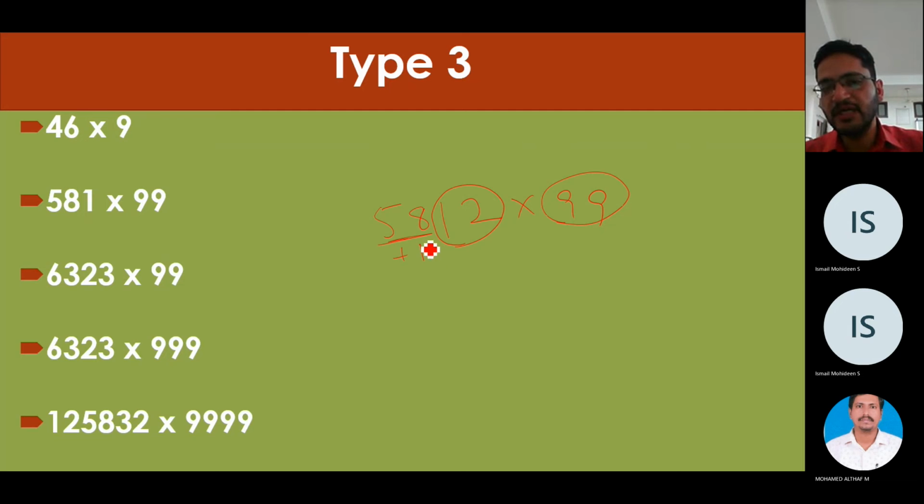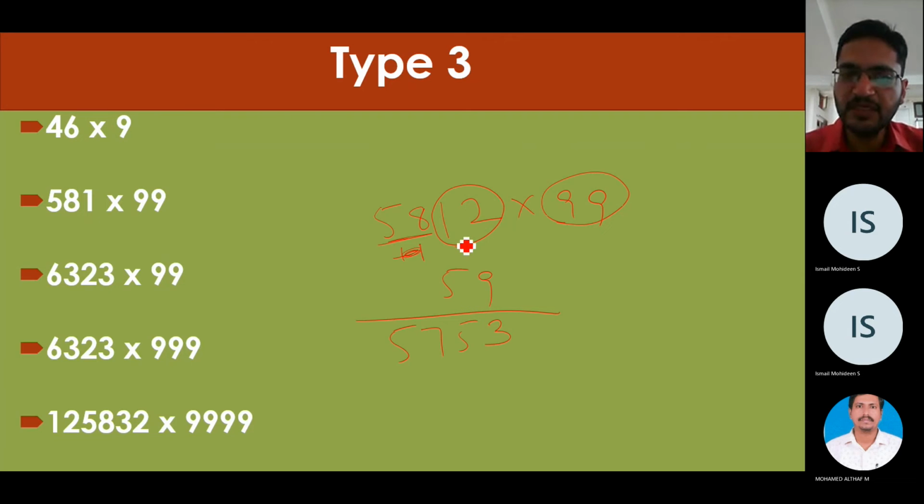In the second step, I will subtract 59 from the whole number. So it is 3, 5, 7, 5. Now in the third step, I will find the complement of 12. That is all from 9, last from 10. So it is 8, 8. So the answer is 5753888.